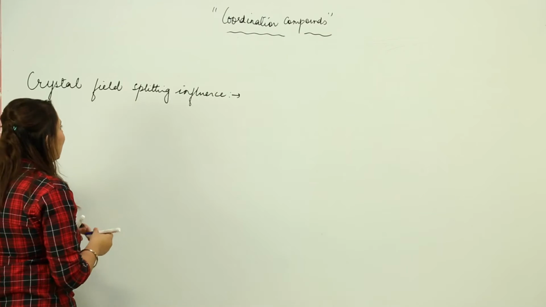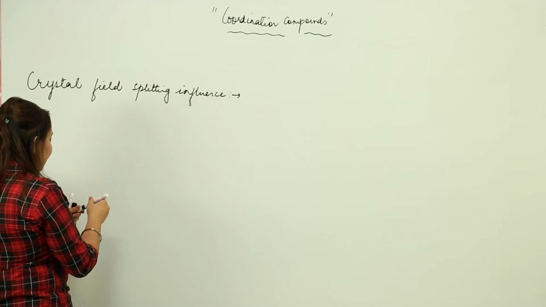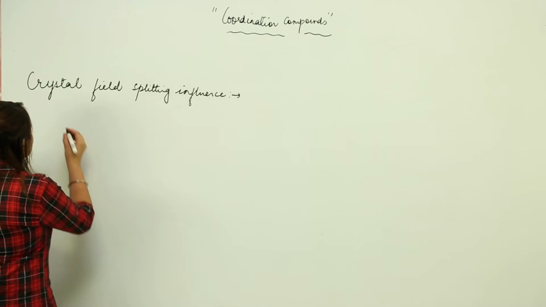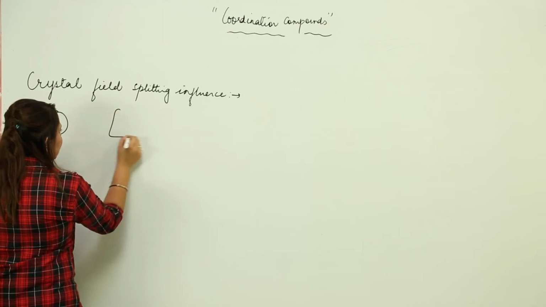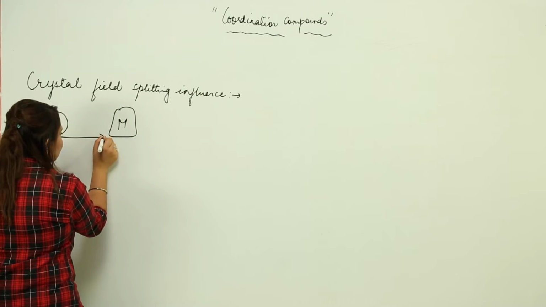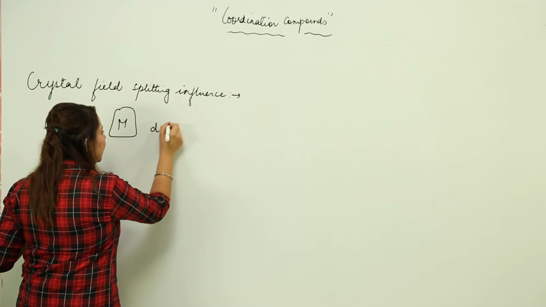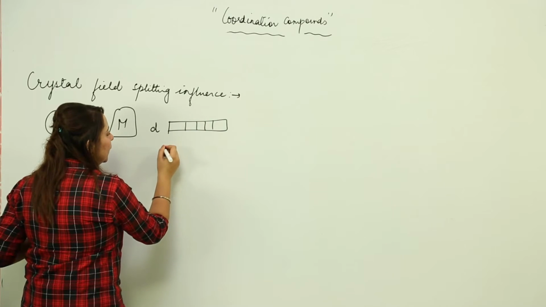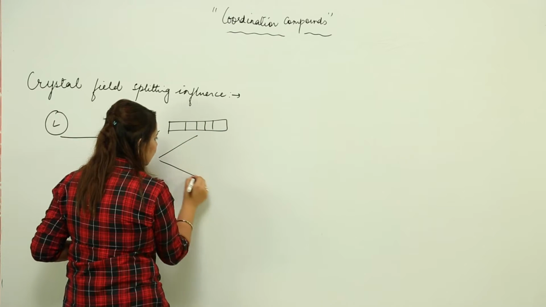Before we do that, you should know what crystal field splitting actually is. As you all know, but still we'll recall it. Suppose this is my metal atom and this is my ligand. When the ligand approaches this metal atom, the metal having d orbitals, which were earlier degenerate orbitals, now has their energy split.